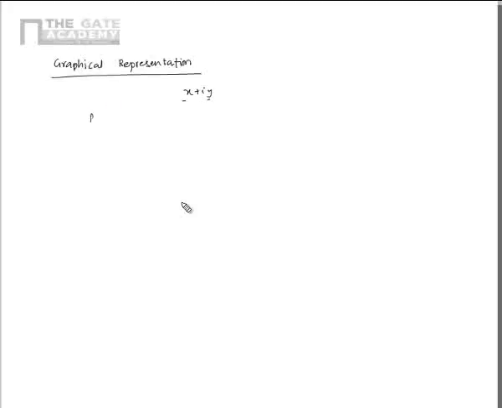So now what we do is points with coordinates a comma b represent the complex number a plus ib. This is how the coordinate will represent.